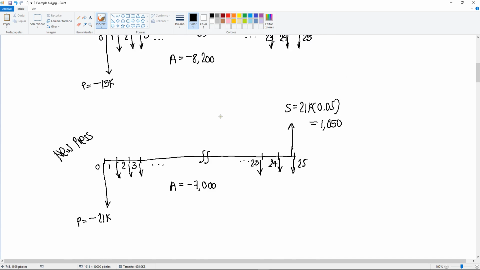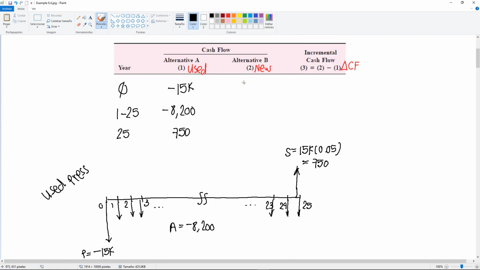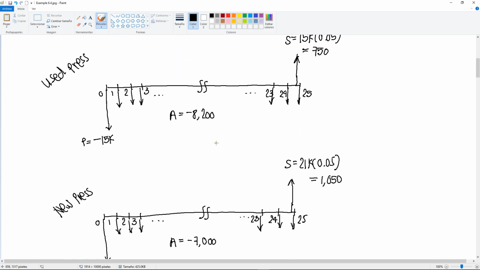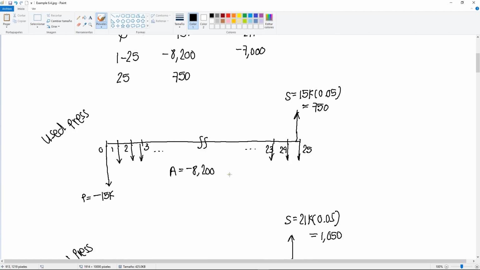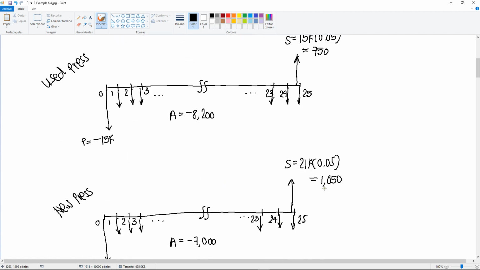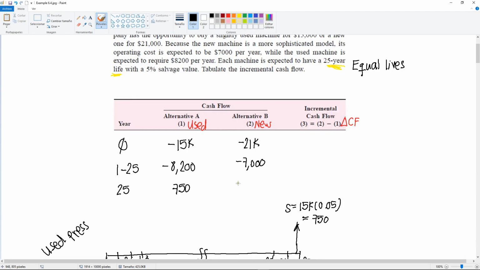In year 0, we have minus 21K. Then for years 1 through 25, we have minus 7,000. And the salvage value will be 1,050.